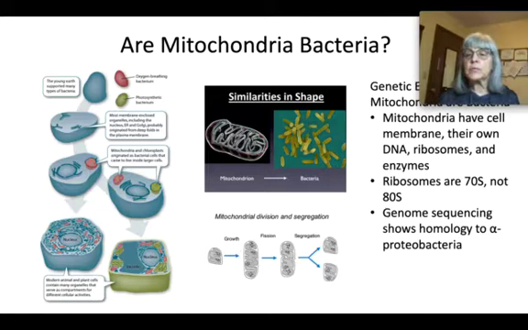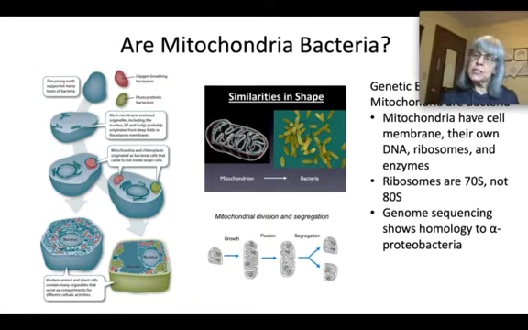They have their own DNA. They've got their own ribosomes and enzymes. That sounds like, man, that is certainly a prokaryotic cell. It's got the must-haves, okay? The ribosomes for the mitochondria are the same structure as the ribosomes of prokaryotic cells, not the 80S, which is the size and the structure of a eukaryotic ribosome.